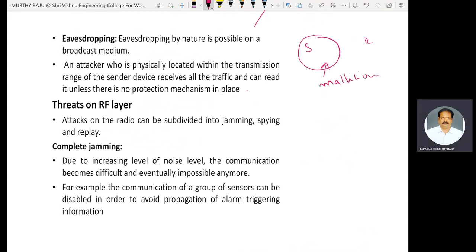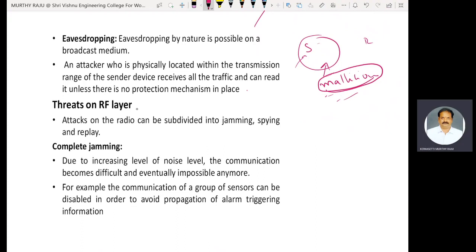The malicious node is very close to the transmission range of the sender, so it receives all the traffic and can read it unless there is a protection mechanism in place. This malicious node examines the information that reached the source node. This is the behavior, and it is called eavesdropping.